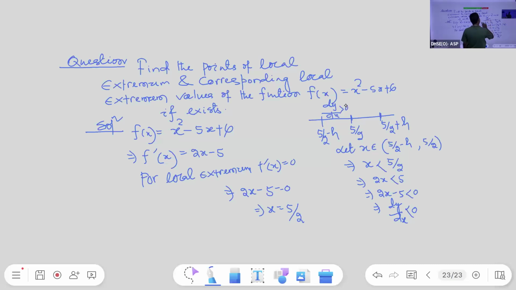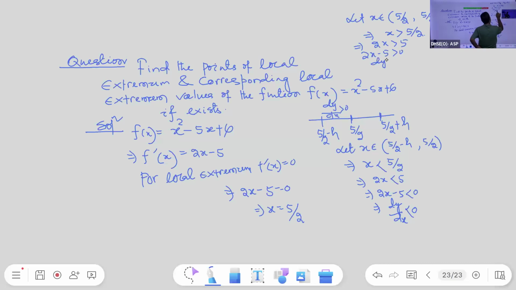Then check the sign of the first order derivative in the right neighborhood of the point x is equal to 5 by 2. Again, let x belong to 5 by 2 to 5 by 2 plus h. This implies x is greater than 5 by 2, so 2x is greater than 5, and 2x minus 5 greater than 0.